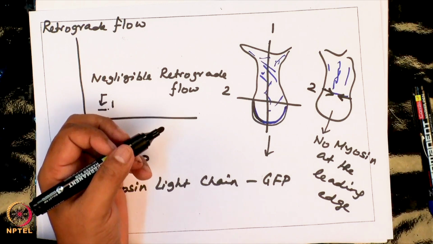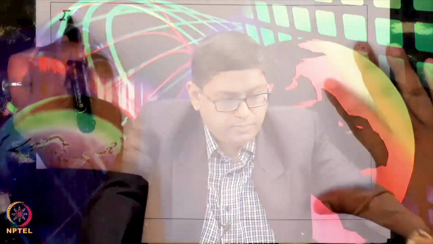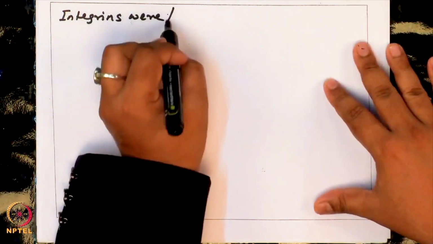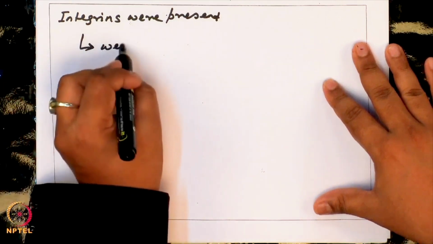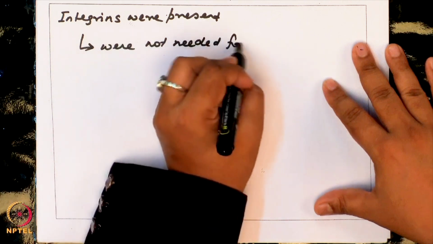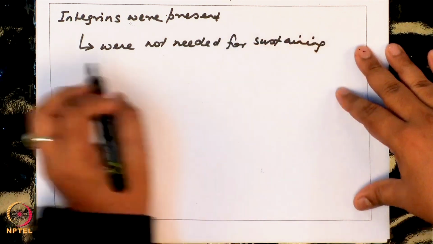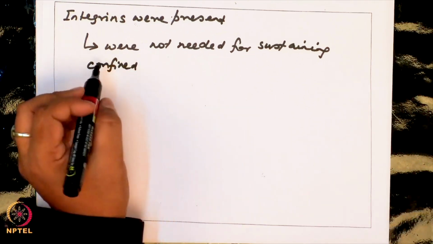So they then asked, are integrin adhesions required for this kind of migration? What they found was integrins were present. However, integrins were not needed for sustaining confined migration.